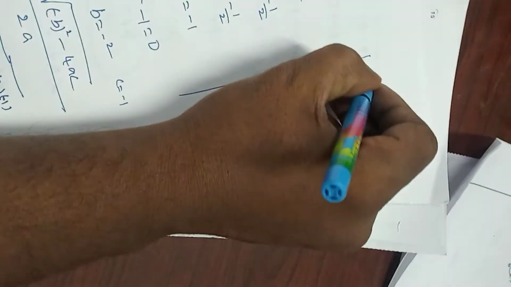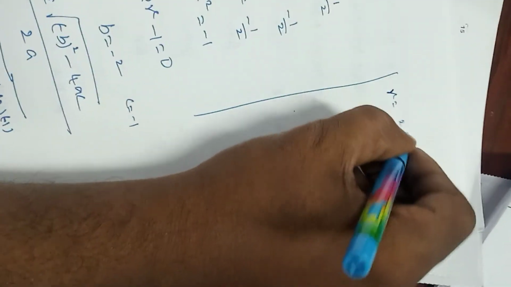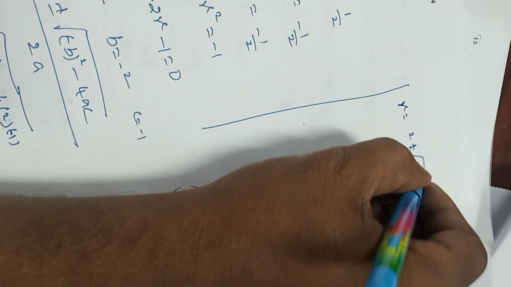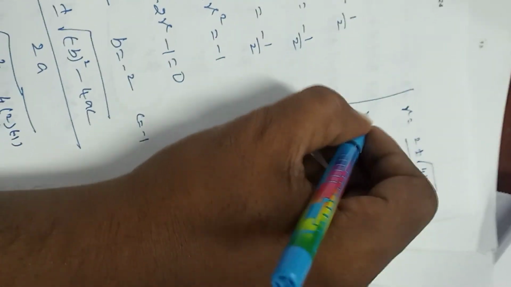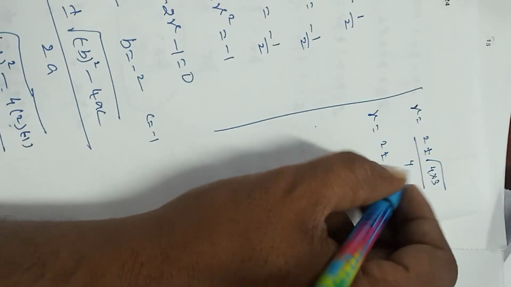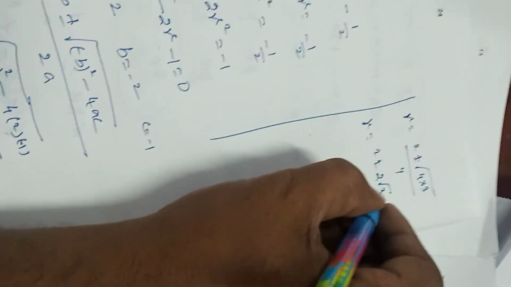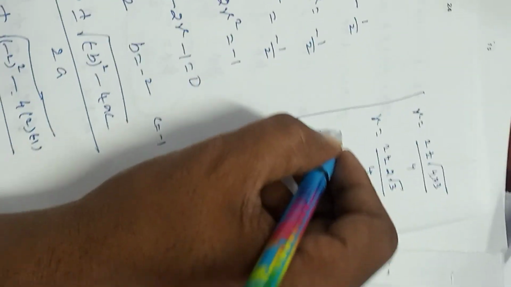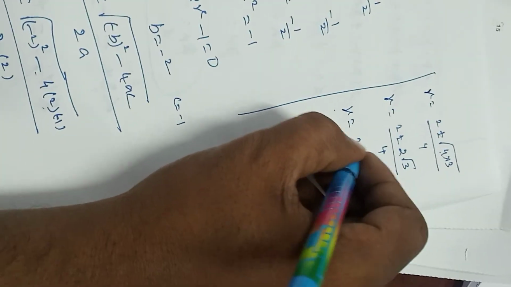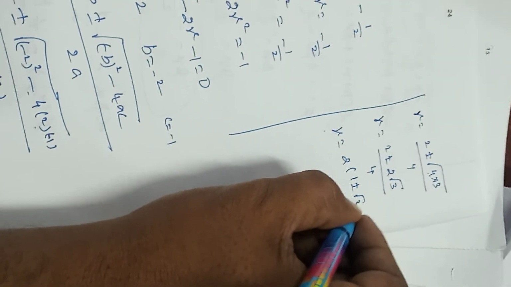Gamma is equal to 2 plus or minus square root of 4 into 3 divided by 4. The square root of 4 is 2, and the square root of 3 stays as root 3.